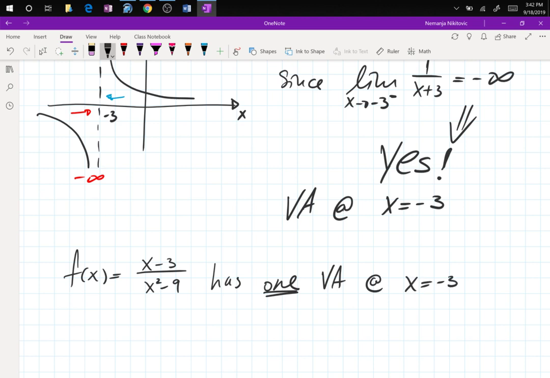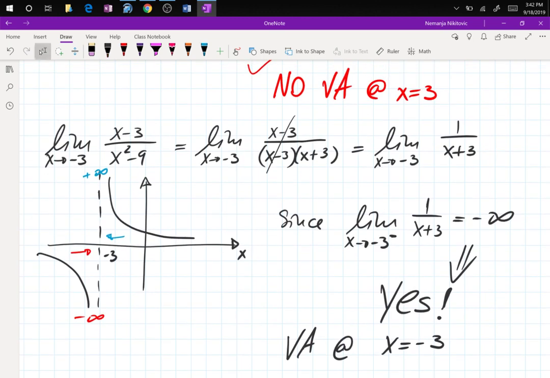And we used the calculus limit definition for the vertical asymptote to prove that. Yes? You mean, are you talking about the blue one? Yeah. Well, it's the same value, so either one of them is fine, because both of them are for minus 3. So just one from the left, one from the right. They're talking about the same value.